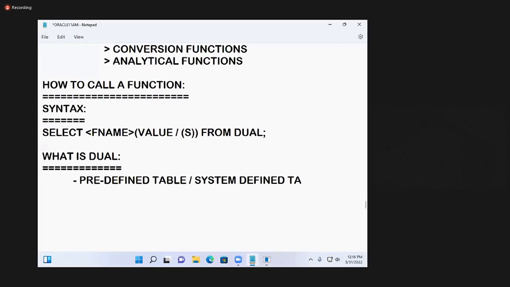And this table is also called a dummy table. Dummy table in the Oracle database. So dual, the table name, we call a dummy.